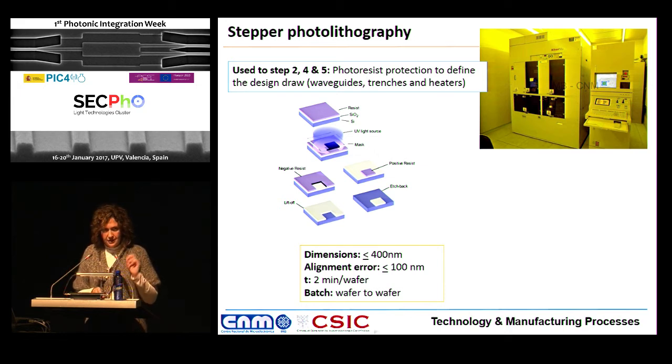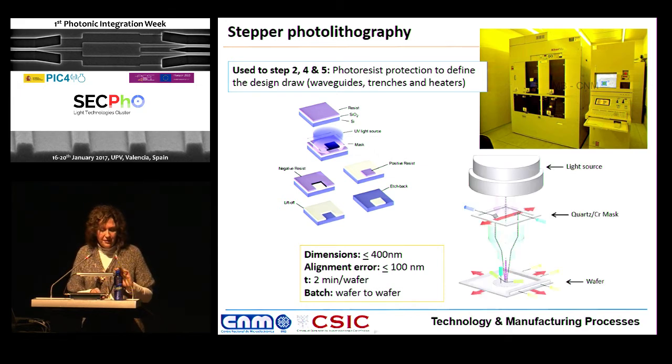We use a type of photolithography that we call the stepper, because we use a stepper equipment, which is special equipment that reduces the reticle, or the design that we draw, 5 times to the value that we want. So with this type of photolithography, we can get lower dimensions than standard lithography.